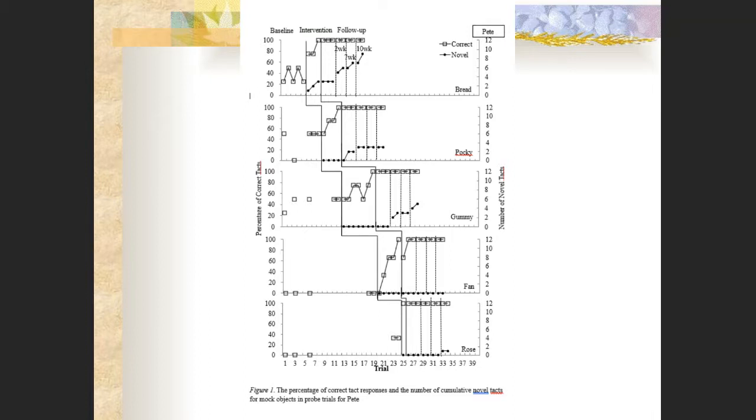So in this case, we are teaching them using an indirect approach. We use the real object in the intervention sessions, but we tested the target behavior, symbolic play behavior, using the fake object and then the arbitrary objects.